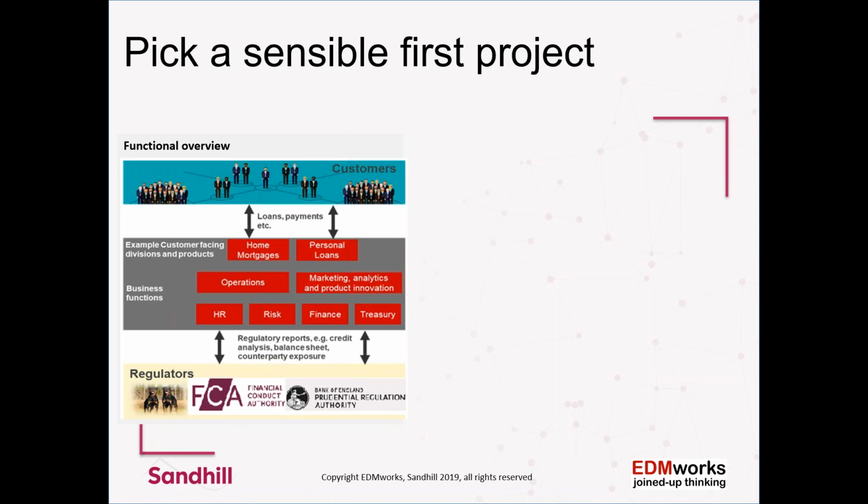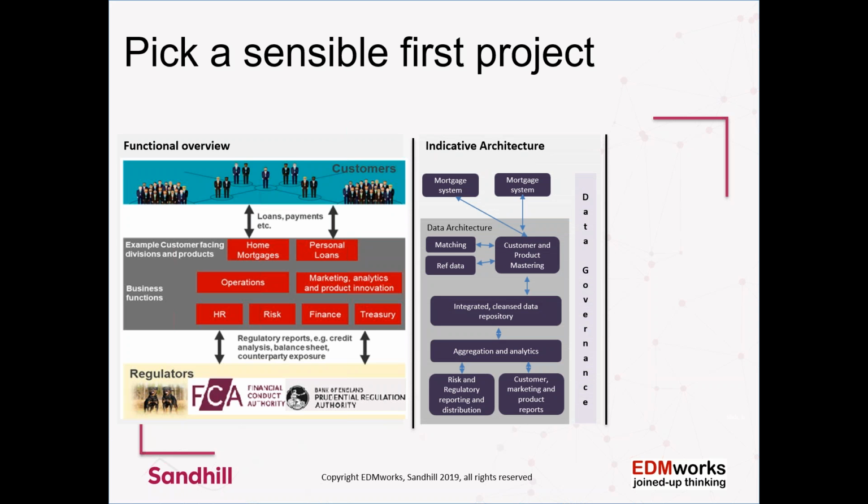You've got a series of back end functions here for HR, risk, finance and treasury, and these functions are having to deal with the regulators. They're having to deal with data that they've had to collect and aggregate from front-end production systems around mortgages and loans, and they've had to do that through the operations groups, as well as some marketing analytics and then product innovation functions that are going on as well.